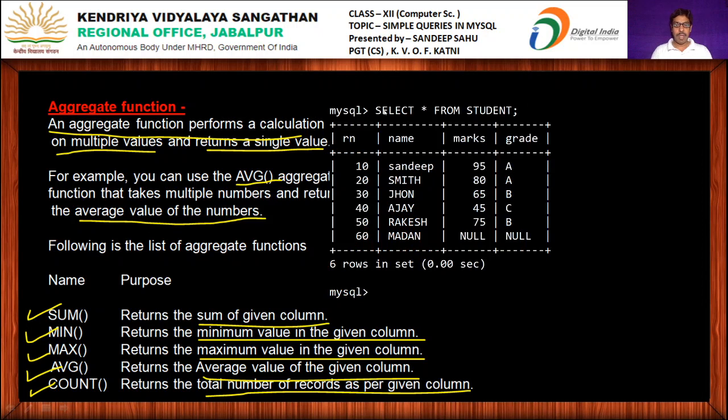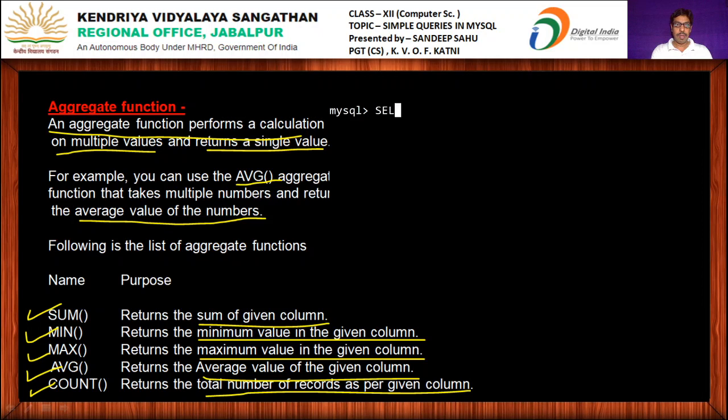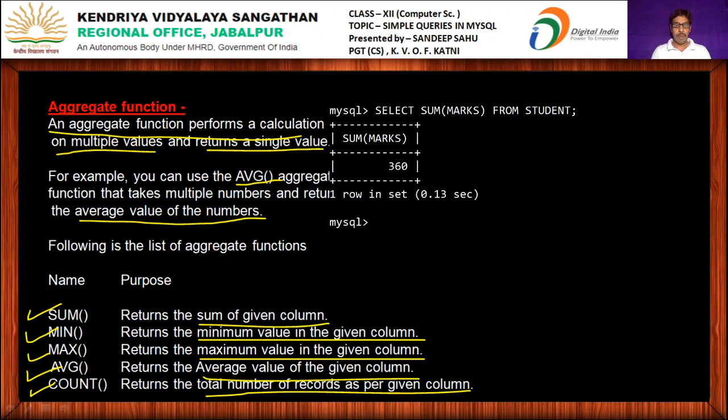This is our original table. So let's find the sum of marks. For that purpose, what should I write? Select sum(marks) from student. So this is the sum of marks. Suppose I want to find the maximum marks in the table.